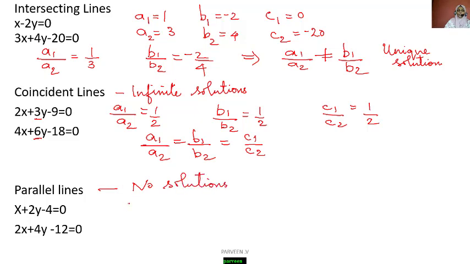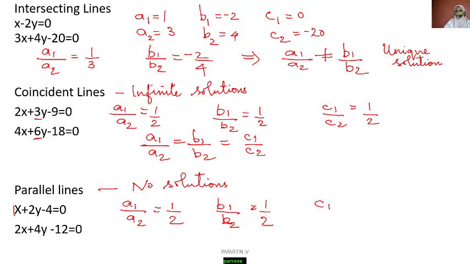Now try the ratio of a1 by a2. a1 is 1 and a2 is 2, so 1 by 2. b1 by b2 is 2 by 4, which is also 1 by 2. So a1 by a2 is 1 by 2 and b1 by b2 is also 1 by 2.